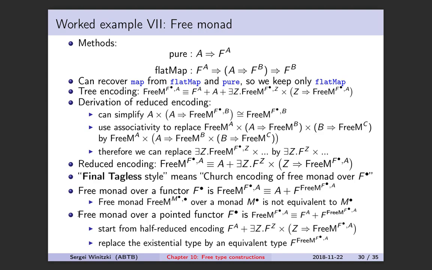As an exercise, we can ask what is a free monad over a pointed functor. So again, all we need to do is start with a tree encoding and try to reduce it. So how do we reduce it? Well, first we start with this. Clearly the pointed functor doesn't need this part of the disjunction.